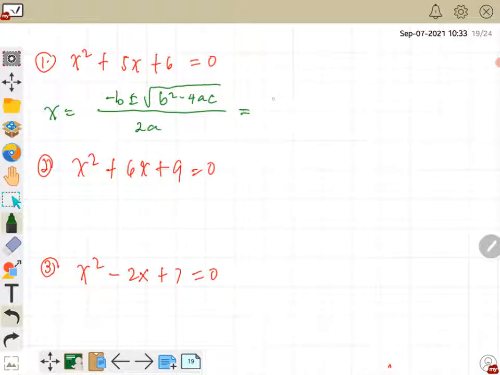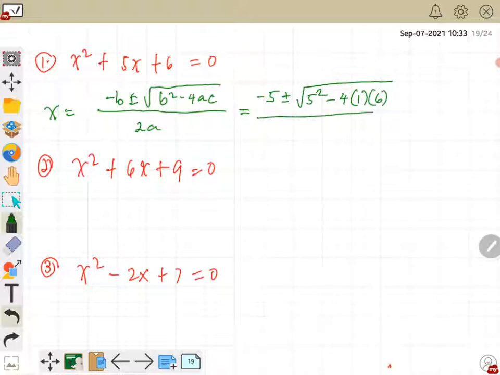If we're going to do that, we have negative b, and b is 5, so that becomes negative 5 plus minus the square root of b square, which is 5 square, minus 4, where a is 1 and c is 6, all over 2 times a, that's 2.